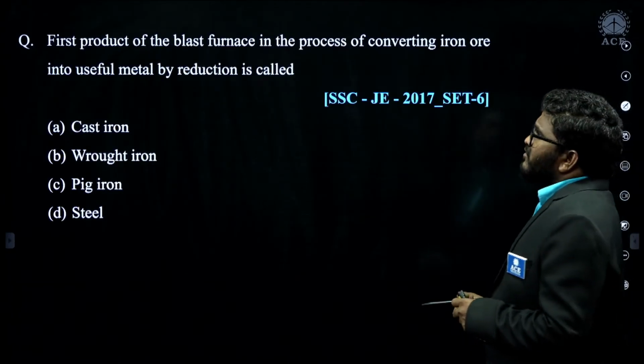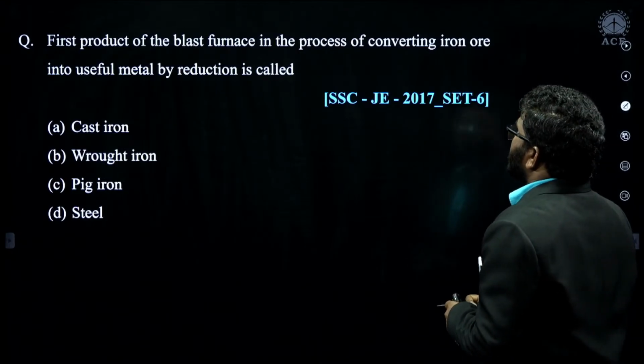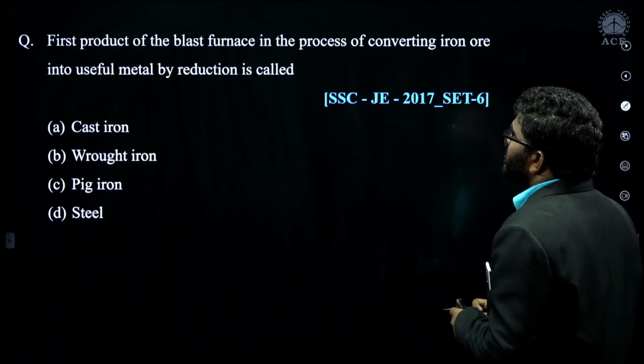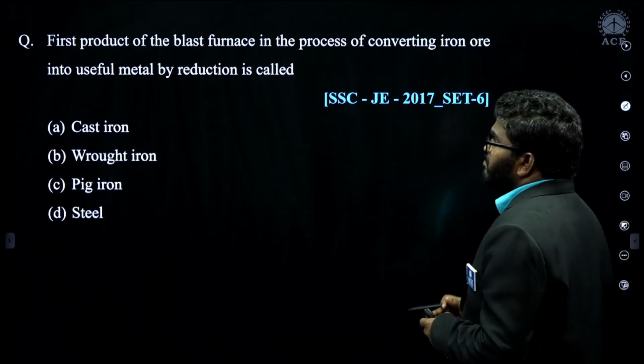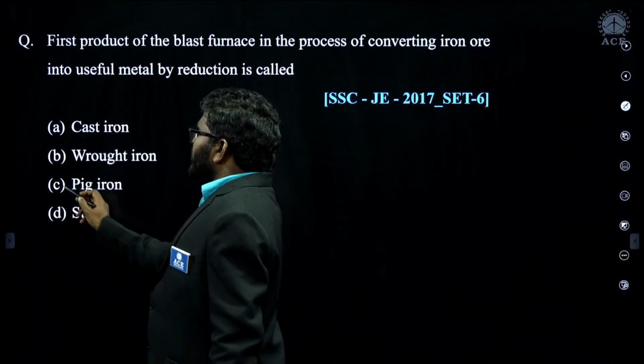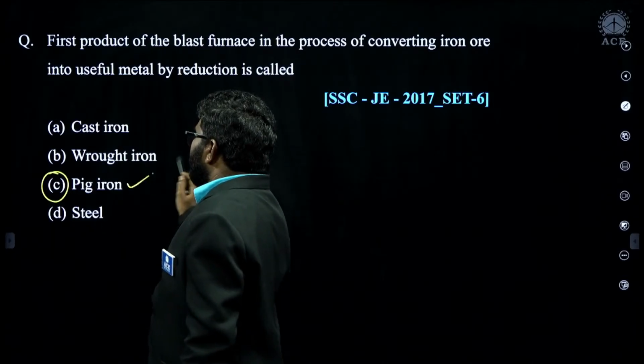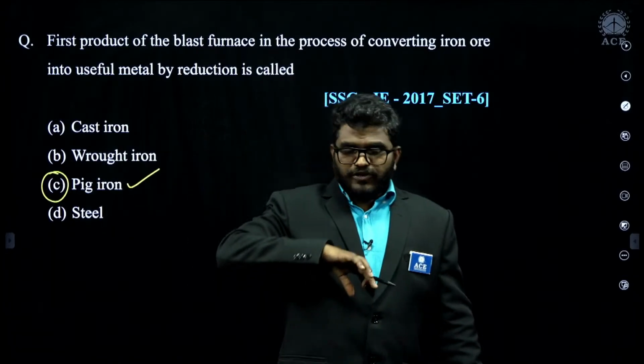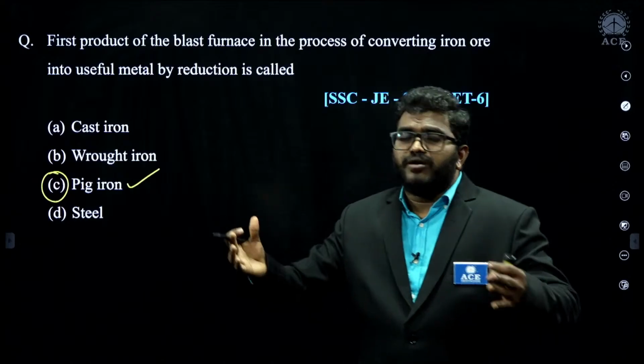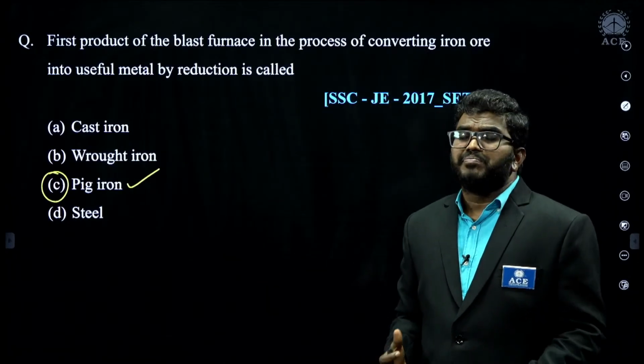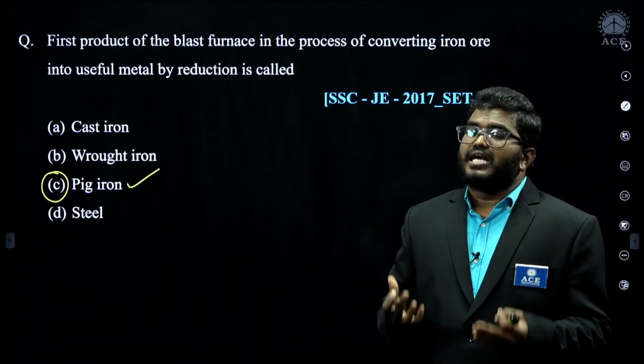Next, the first product of the blast furnace in the process of converting iron into a useful metal by reduction is pig iron. From the blast furnace you will get pig iron. From the pig iron we make different iron carbon alloys like wrought iron, steel and cast iron.